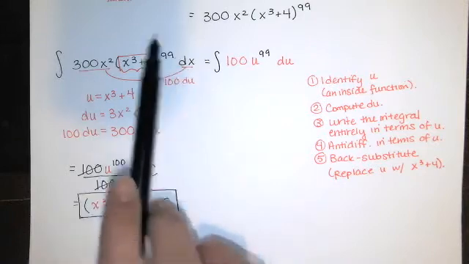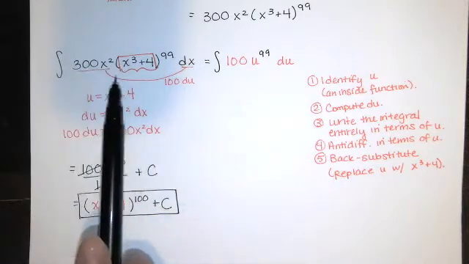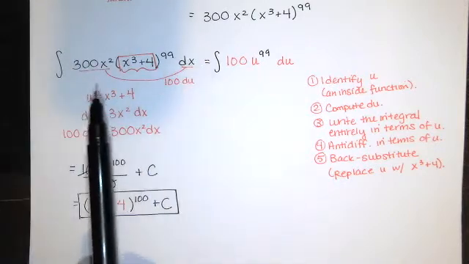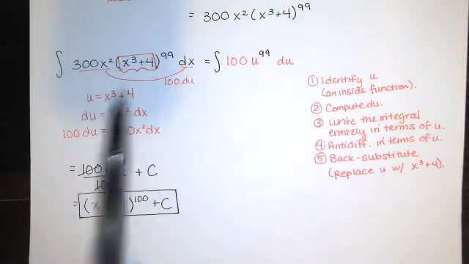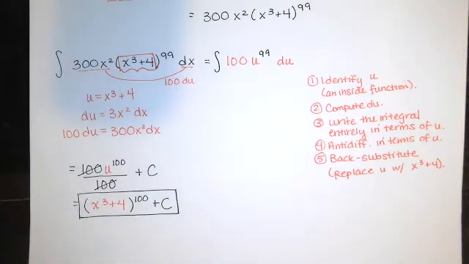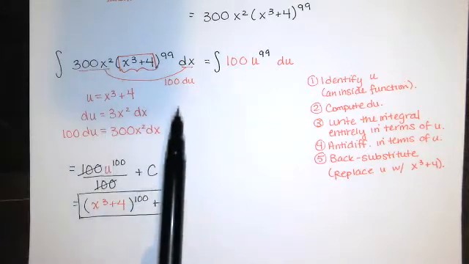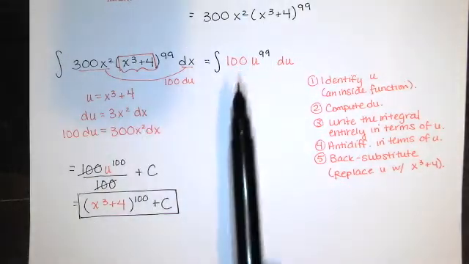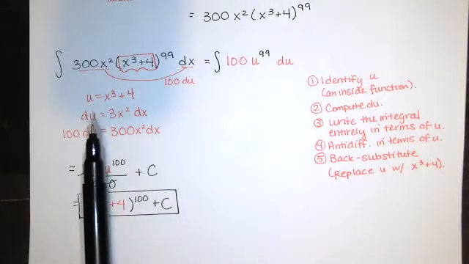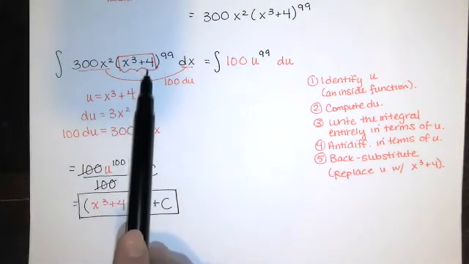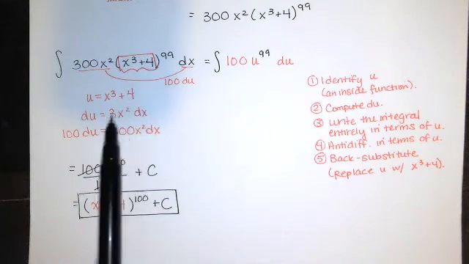It says, if this isn't in the right form, if it doesn't look exactly like the way I need it to look so that I can use my basic rules, well, sometimes if this derivative was the result of a chain rule, we can make a U substitution. So we look for an inside function, we take the derivative.